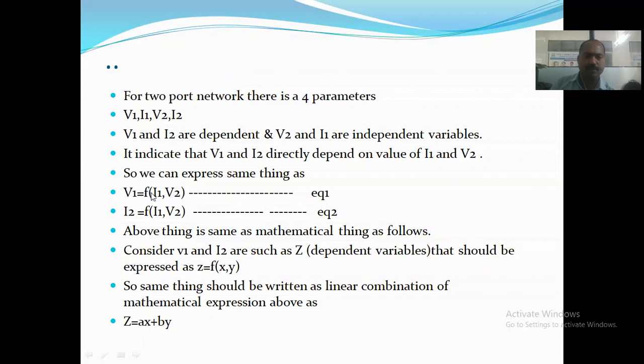V1 is equal to a function of I1 comma V2, or I2 is equal to a function of I1 comma V2. What it indicates is that V1 and I2 should be considered as Z, right?